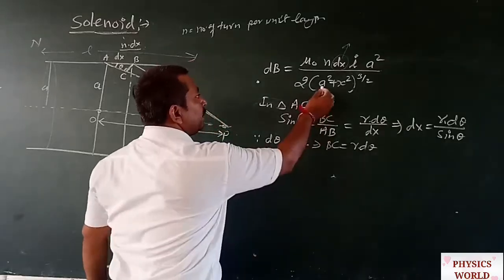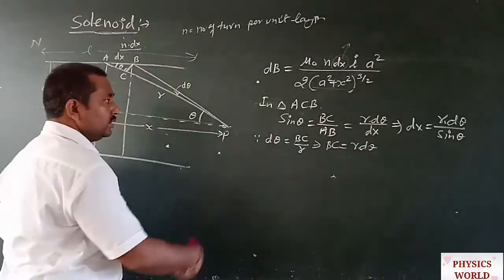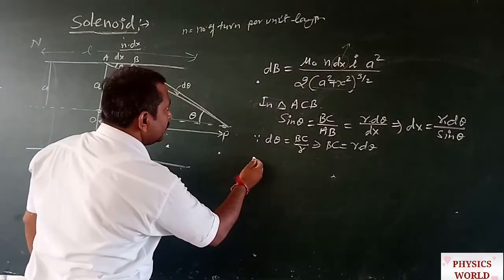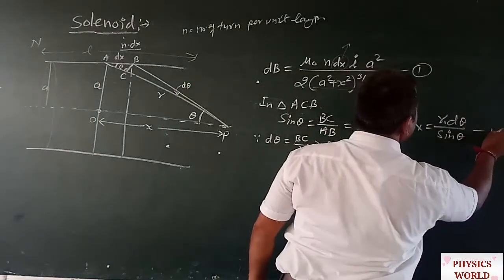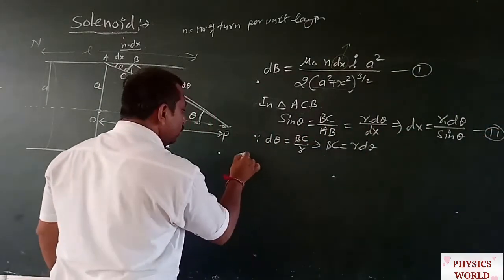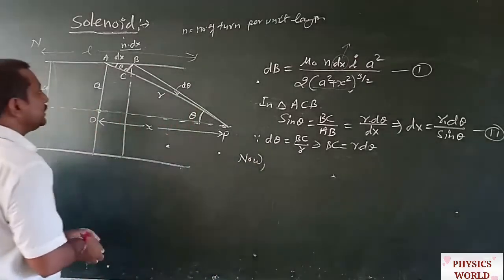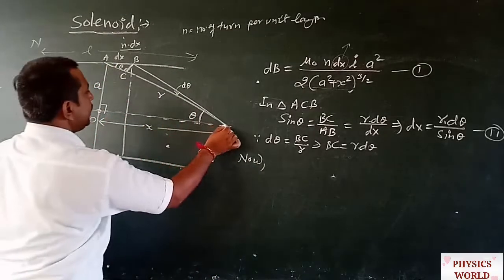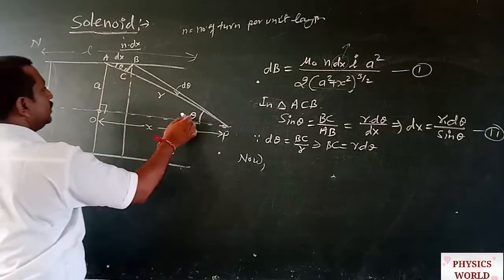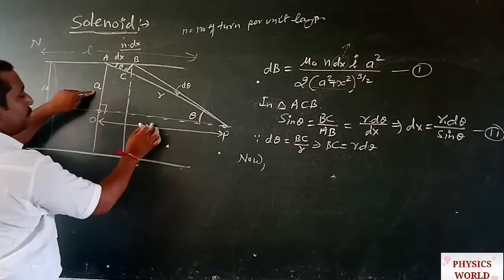Now what will be the value of a square plus x square? Calculating it, we see that this is a right angle triangle AOP. So R square equals a square plus x square.